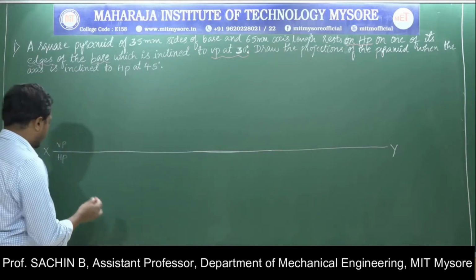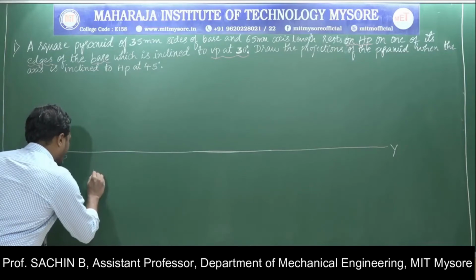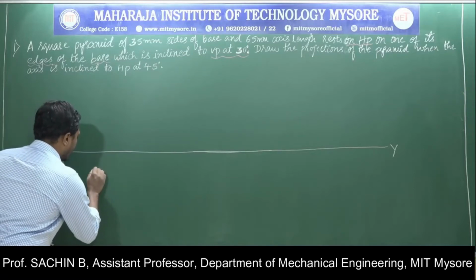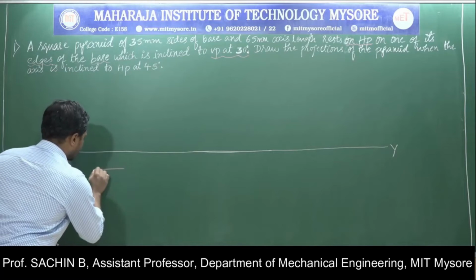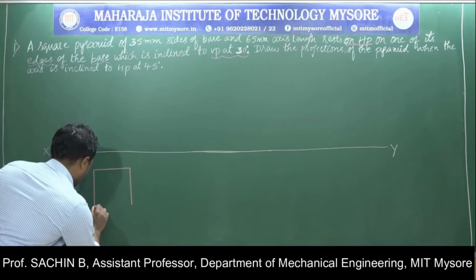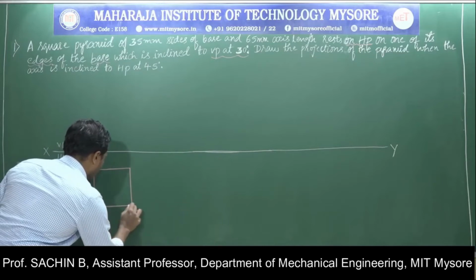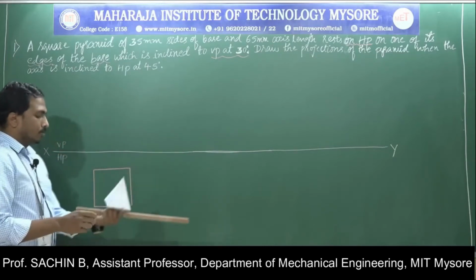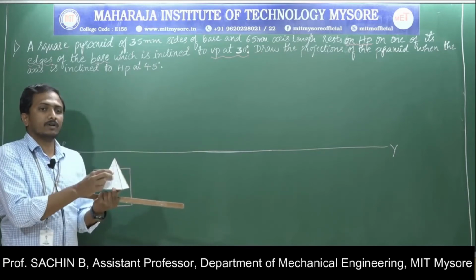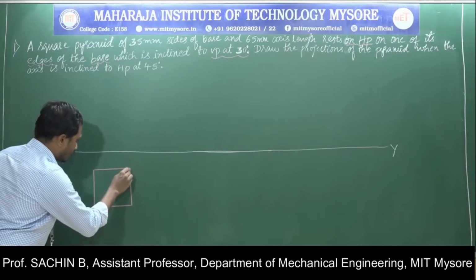Now I am drawing the object's top view of sides 35 mm. With the help of a scale I am drawing a line of sides 35 mm. From the top view we can clearly observe that all these slant edges are visible to us, but those slant edges look like diagonal lines in the top view.